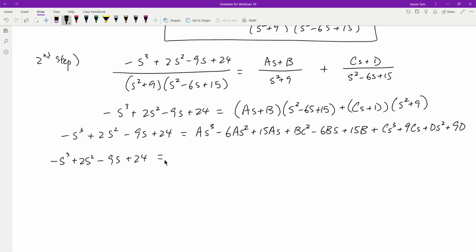If I'm looking at it correctly, s to the third has these 2 coefficients, a plus c, s to the third. So I'm going to lightly cross them out so that I know I counted them. Okay, let's do s squared. For s squared, I have negative 6a, I have b, I have d.